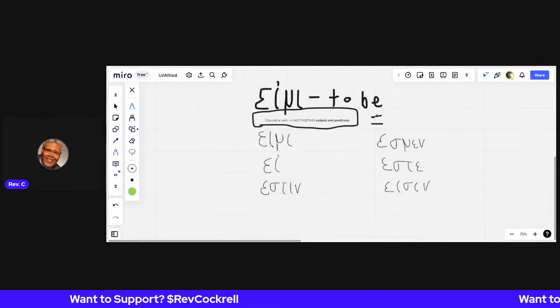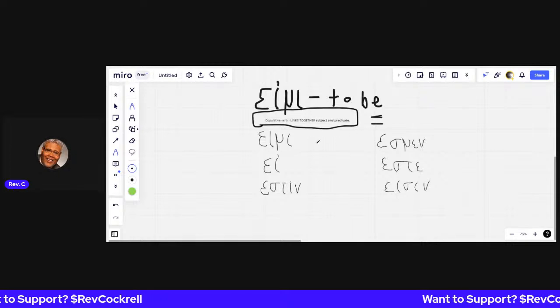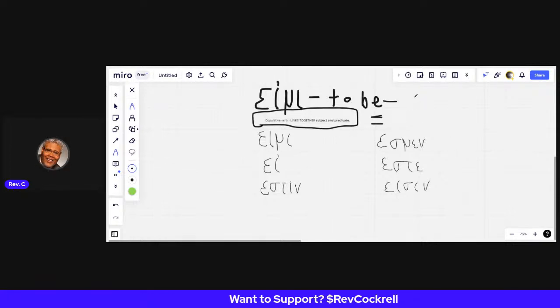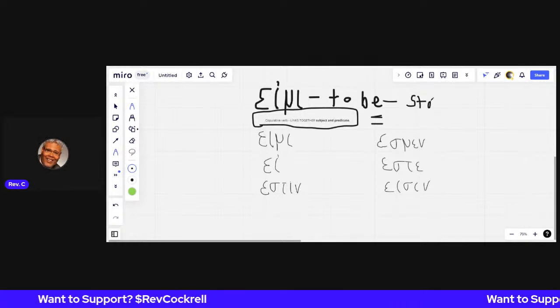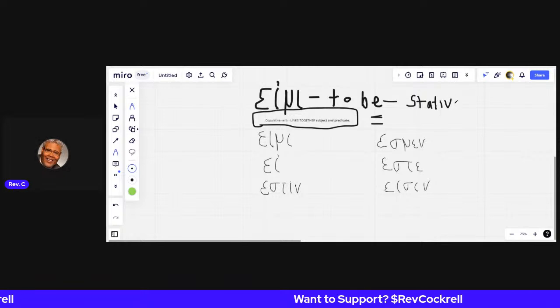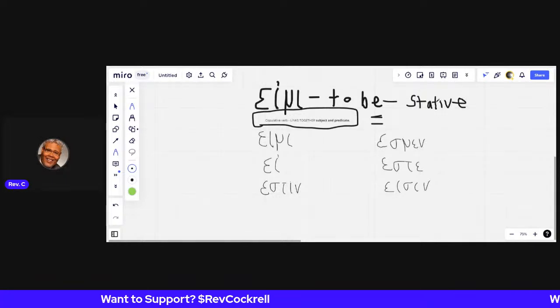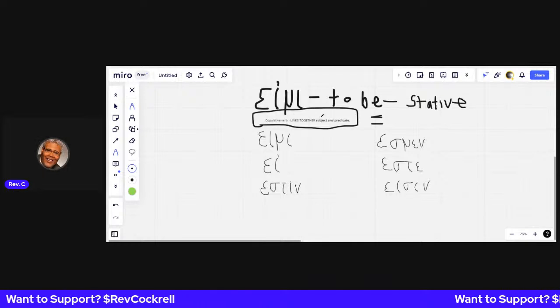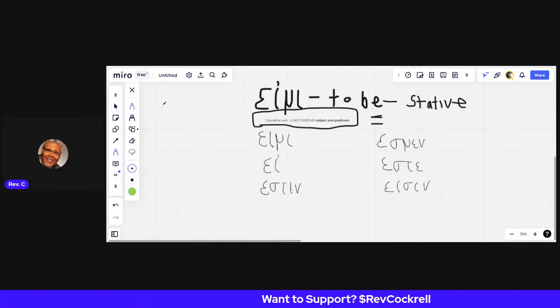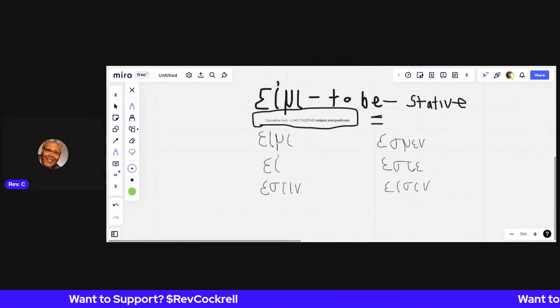So it's going to link together subject, predicate. This is a stative verb, with a state of being, just like is. You know, I am hungry. I am in the state of hungriness. So stative. Remember, in your subject and predicate, subject is what it's about. Your predicate includes the verb and everything else after it.